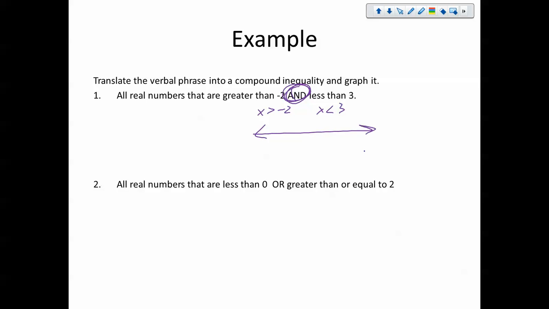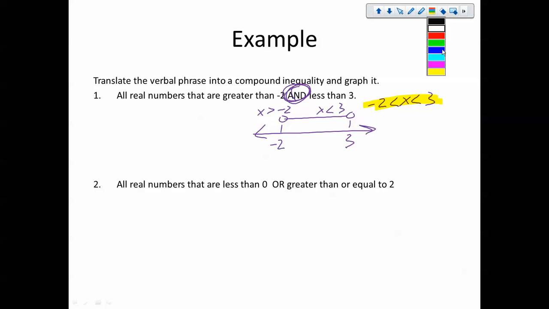So we have -2 and 3, open circles with a connection bar in between. And our inequality is -2 is less than x is less than 3. Again, and statements are going to have this compound inequality set up.